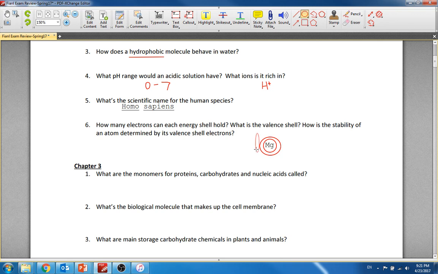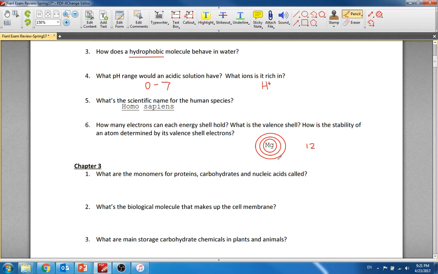How is the stability of an atom determined by its valence shell electrons? So basically, if the valence shell is completely filled or completely empty, then the atom will be more stable. So therefore, for example, if you think about magnesium, which has 12 protons, normally it has 12 electrons as well.